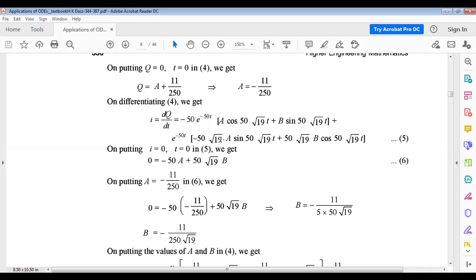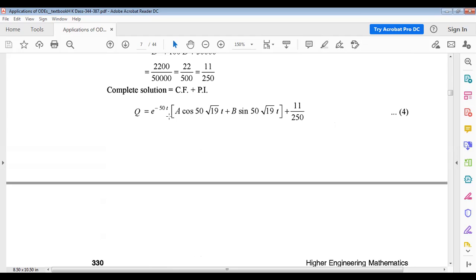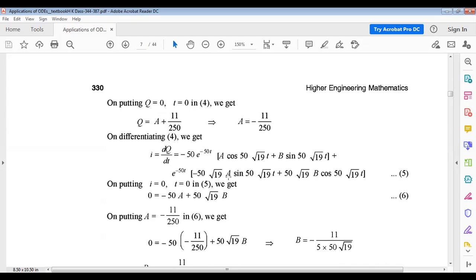Again, b is the constant, and differentiation of sine gives cos, again multiplying with the coefficient of t, 50 root over 19. So using the uv formula, we get equation number 5.